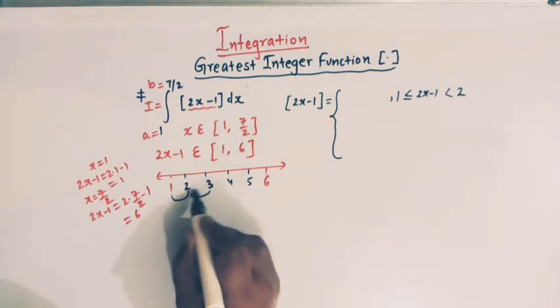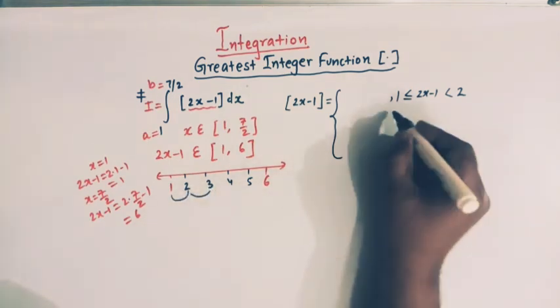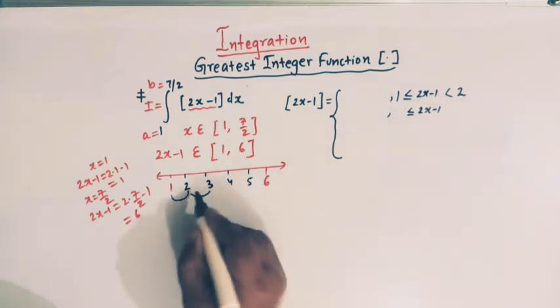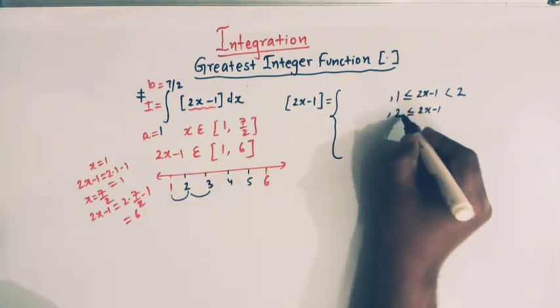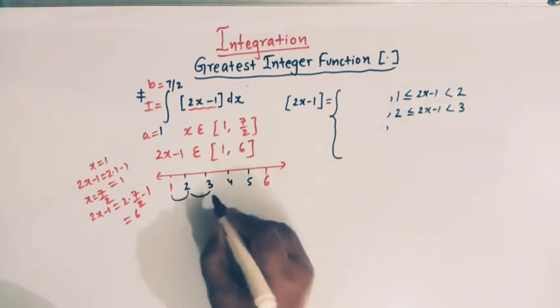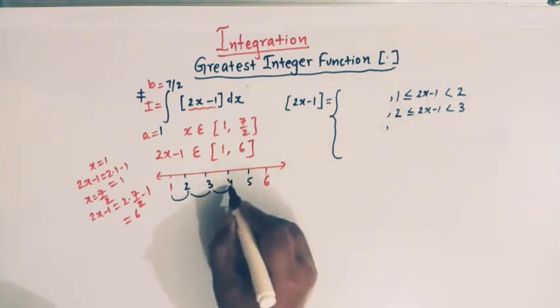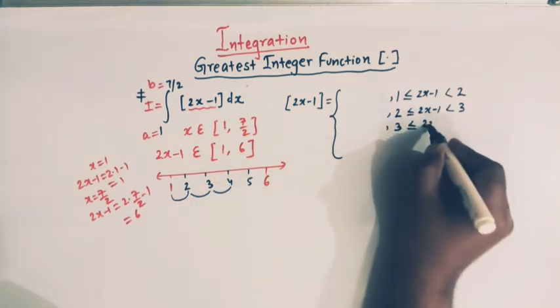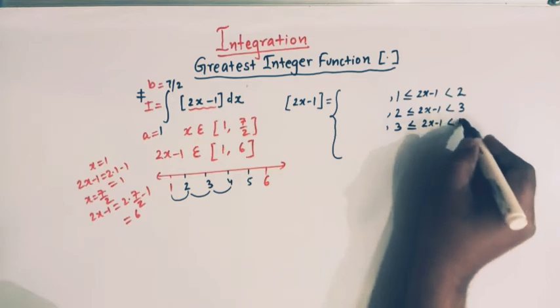Now let us take this interval 2 to 3. When 2x minus 1 lies between 2 and 3, we can write here 2 and here 3, clear? Then we have the interval 3 to 4, so we can write 3, and here 2x minus 1 less than 4.